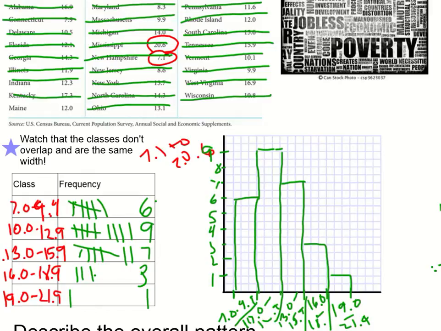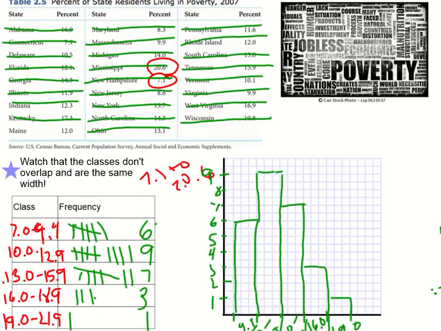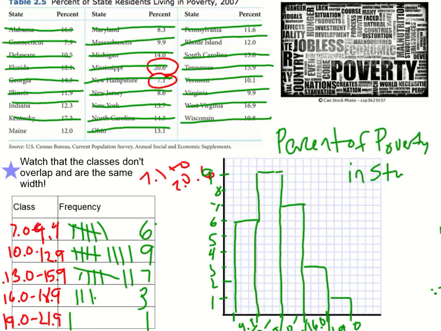Now, remember that every graph needs a title, and so we're going to call this the percent of poverty in states. And then we need to label each one of our axes.